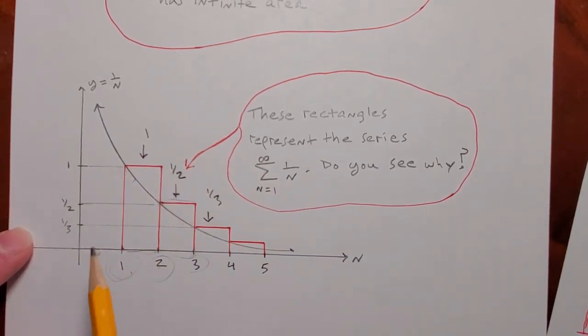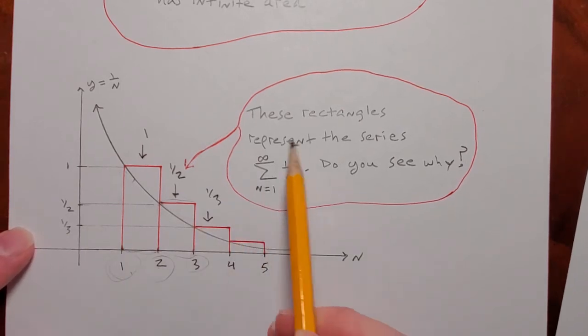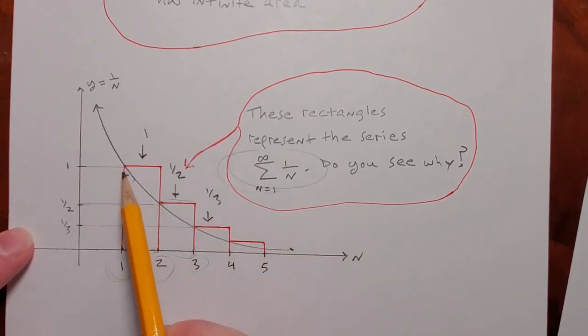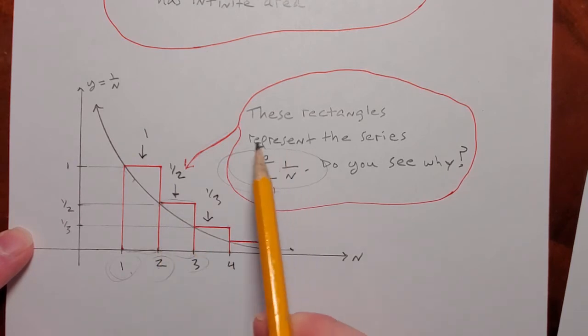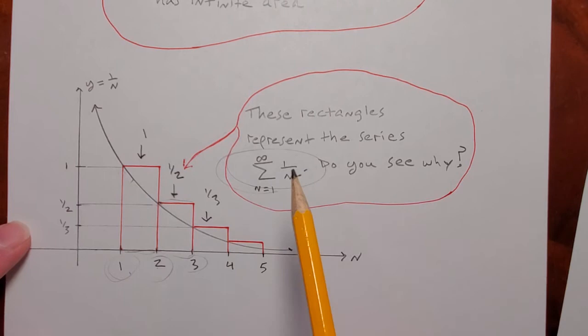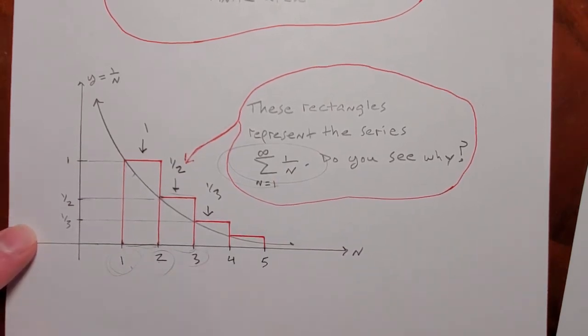Now, imagine if you added them all together. That would be the series: 1 plus a half plus a third plus a fourth. As far as my picture goes, that's the area of this rectangle plus this rectangle plus this rectangle plus this one, and so on.